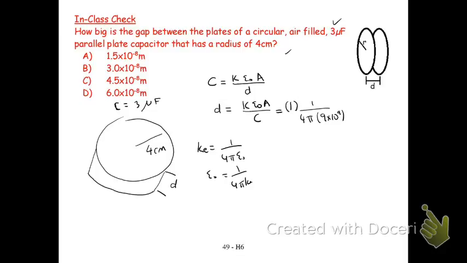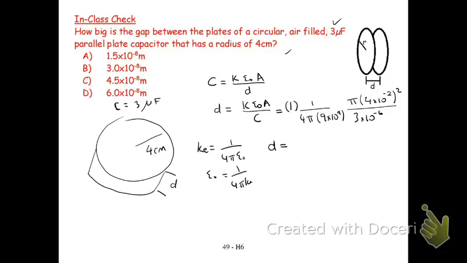So I did that bit, and then my A is pi times r squared, and that's going to be 4 times 10 to the minus 2 squared, because it's centimeters, over my capacitance, and my capacitance is 3 times 10 to the minus 6.